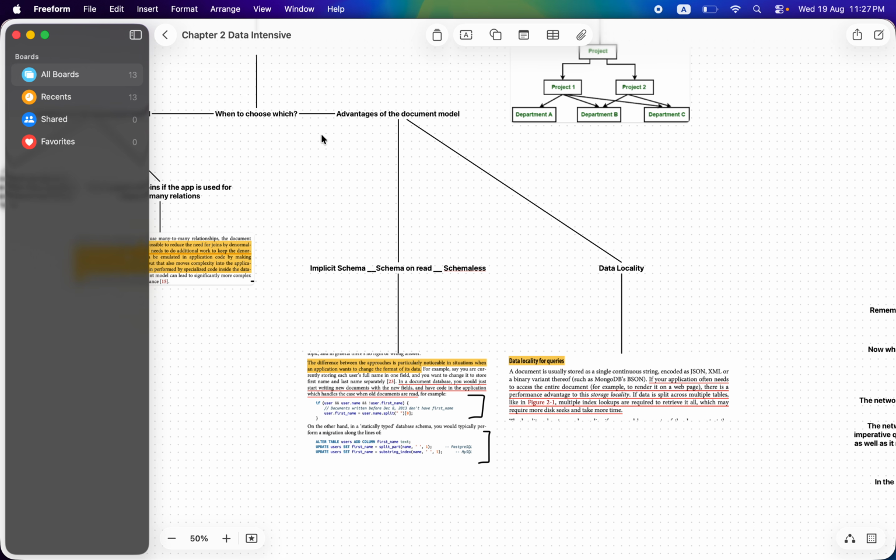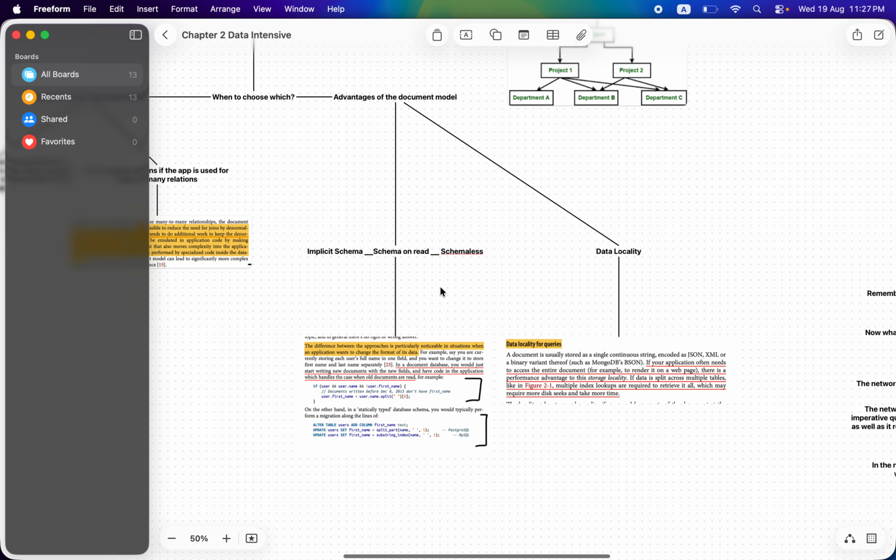Then the advantages of the document model. As we mentioned, implicit schema, schema on read, and schemaless all mean the same thing: we are moving the validation of the schema from the database to our application side. So yeah, there is a schema, it's not schemaless.